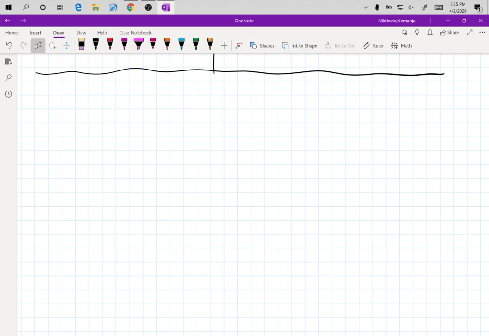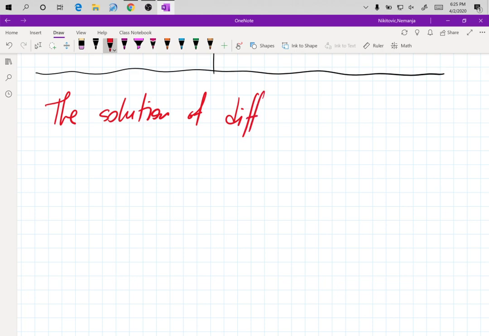Now, again, the solution of a differential equation is a function.